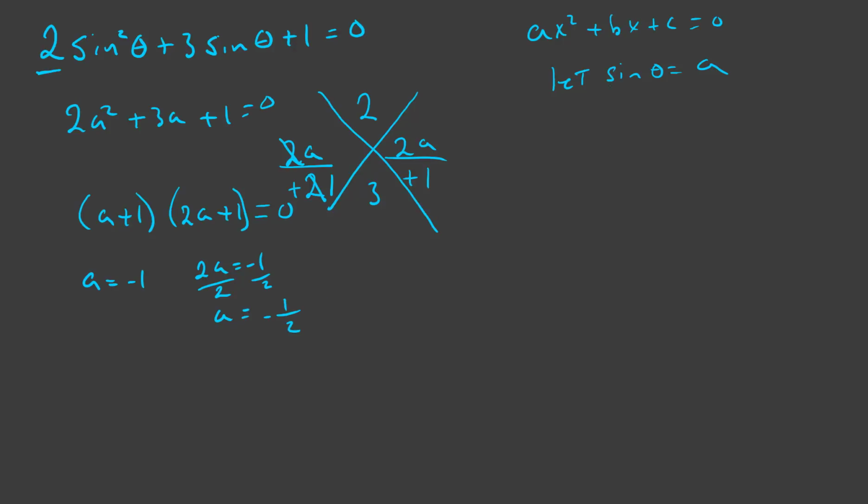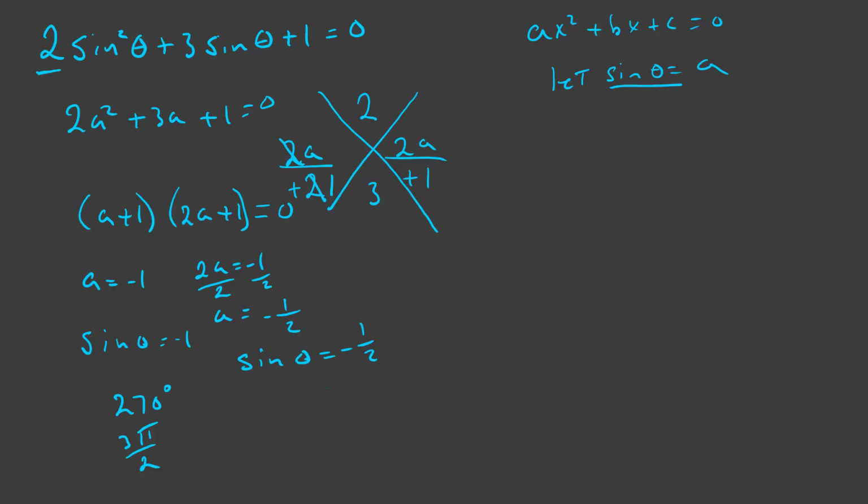And now I'm going to substitute back in sine of theta for a. So sine of theta equals negative 1. Sine of theta equals negative 1/2. And we'll look at our unit circle. We see that sine is equal to negative 1 at 270 degrees, or 3 pi over 2. And sine is equal to negative 1/2.